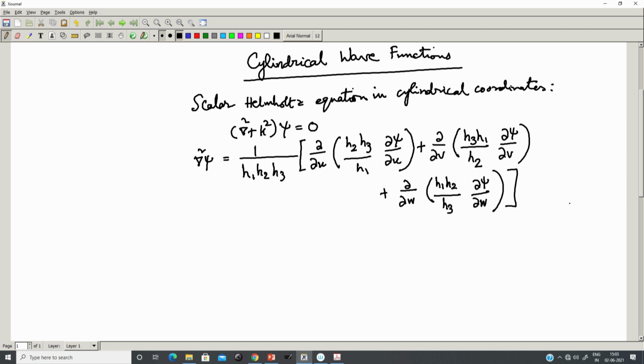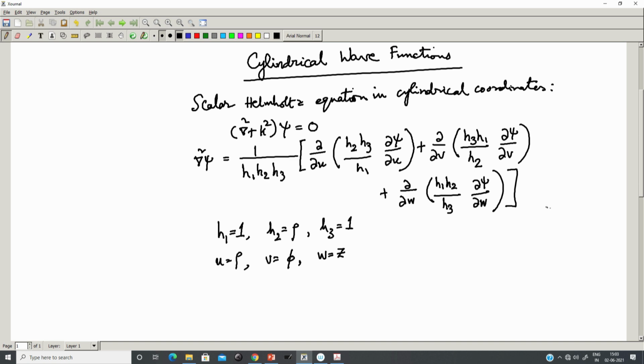So, where h 1 is 1, h 2 is rho of the cylindrical coordinate system, h 3 is equal to 1, and u equal to rho, v equal to phi and w is z. So, rho phi z being the coordinates of the cylindrical system.